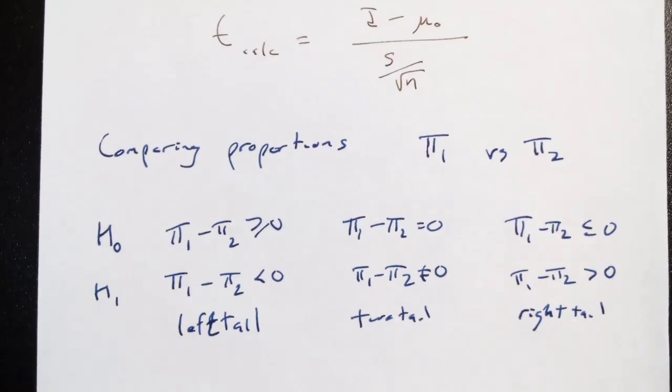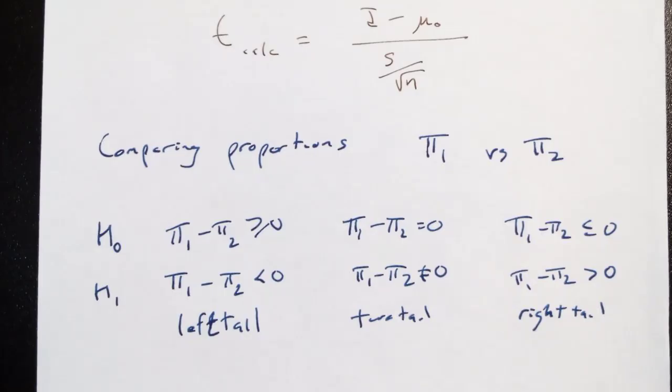So, I'm going to end up with the same question I did for the previous version with the means. I need to know, first of all, are the variances equal or not?